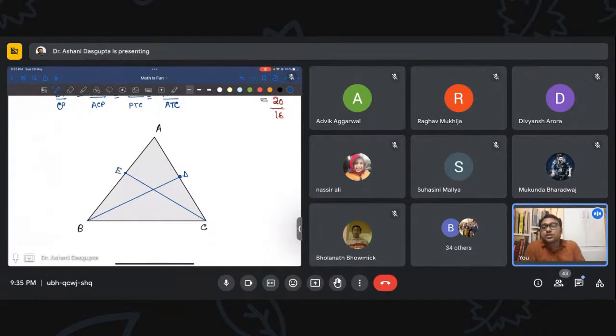You draw any two cevians, and you mark the areas of the different regions that you have produced.